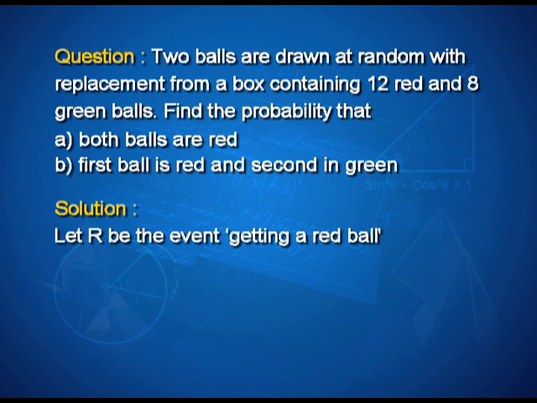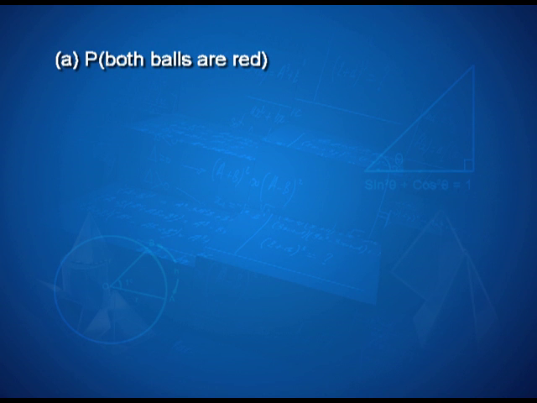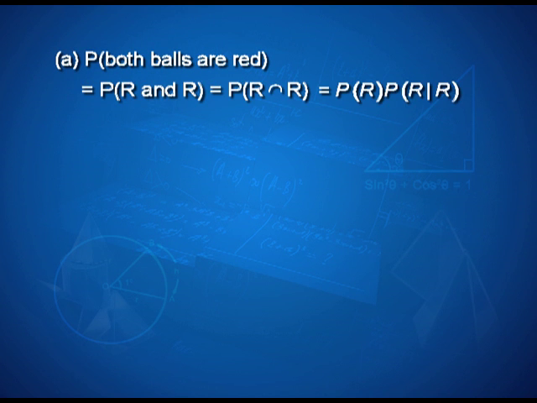If I say R is the event of getting a red ball, G getting a green ball, then I want to find the probability that both balls are red, that is R and R. In the language of sets, it can be written as the probability of R intersection R. By the multiplication theorem, it should be the same as the probability of a red ball times the probability of red given that a red ball was drawn.